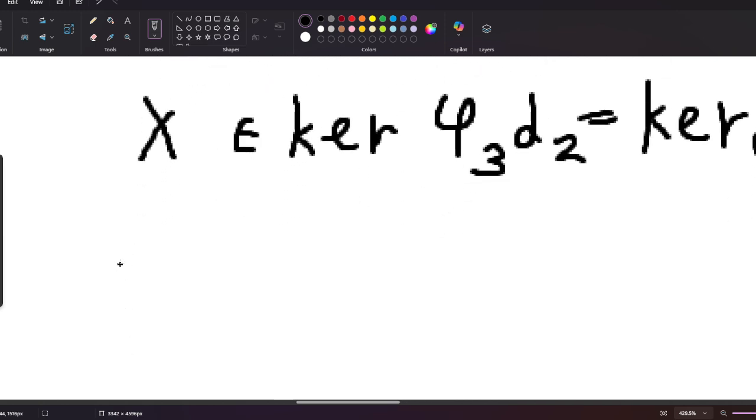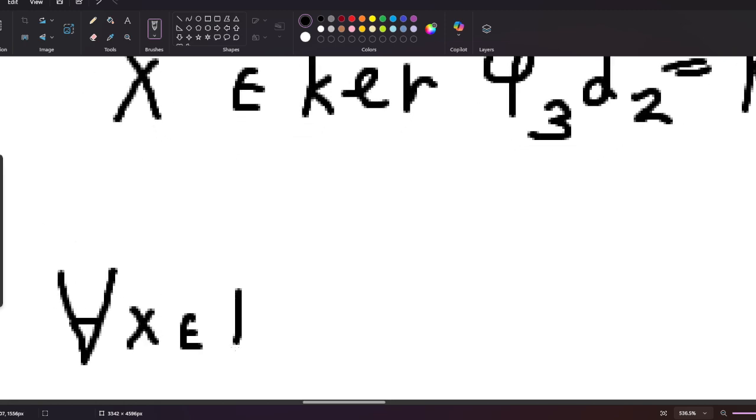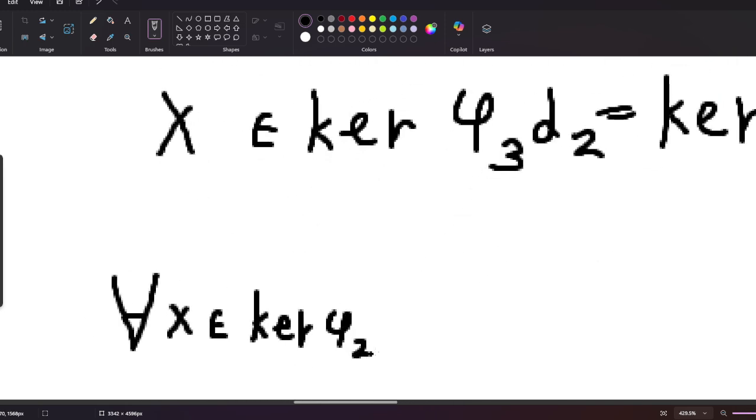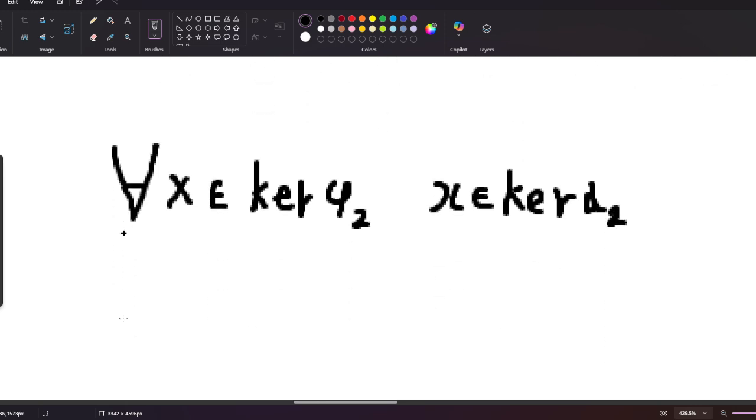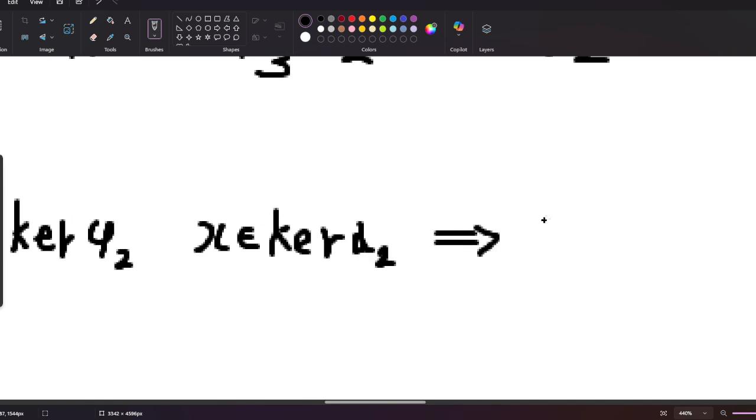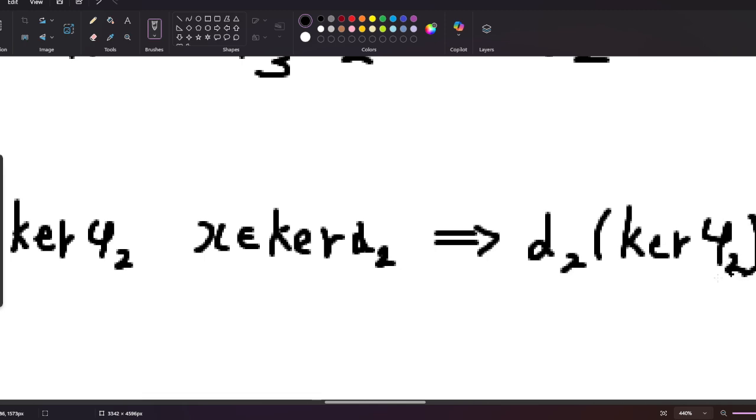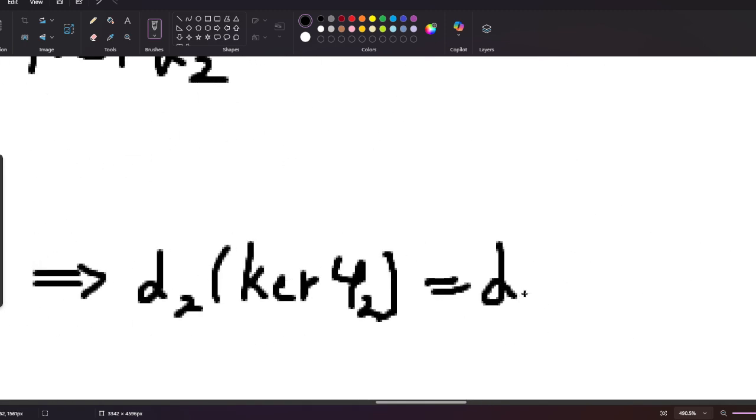So for every x belonging to the kernel of phi 2, x is going to belong to the kernel of alpha 2. Therefore, alpha 2 of the kernel of phi 2 is going to be equal to alpha 2 of the kernel of alpha 2.